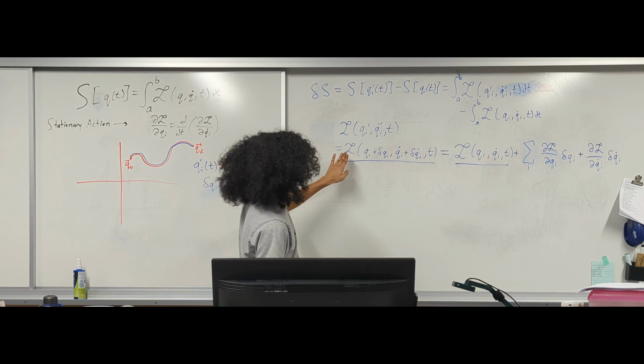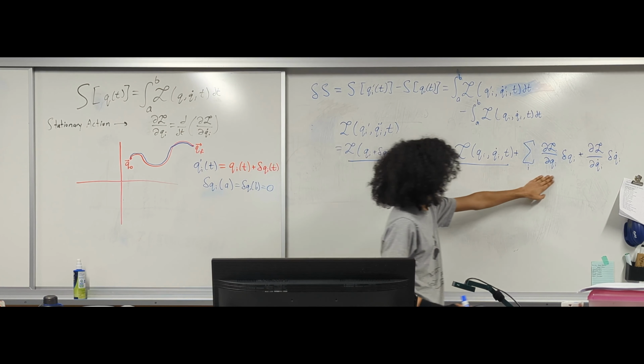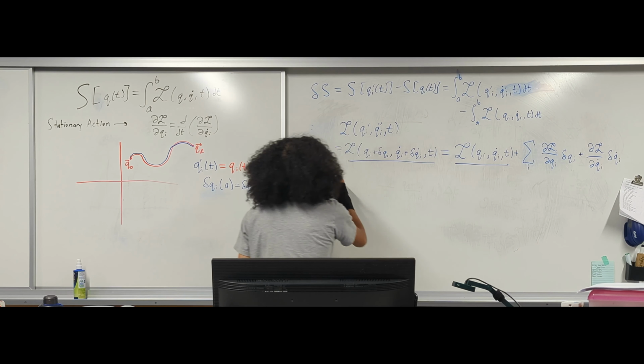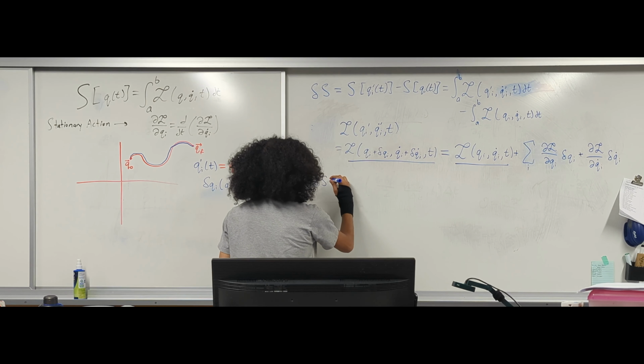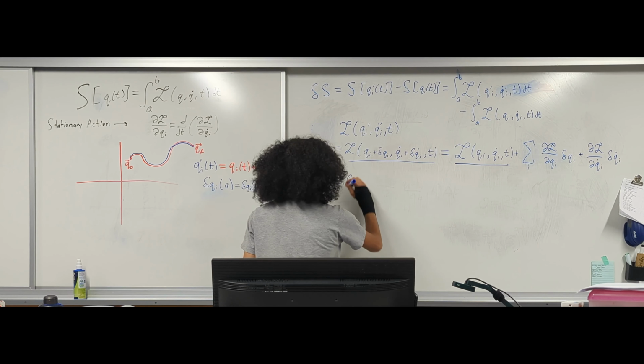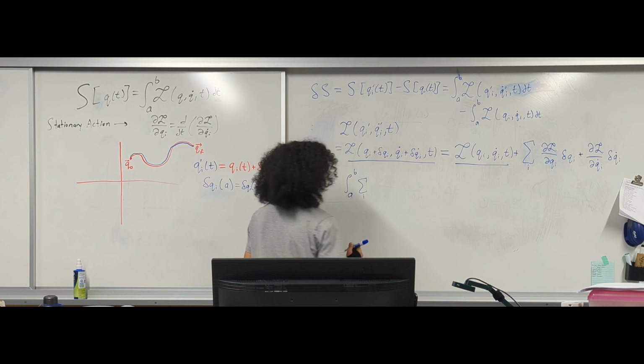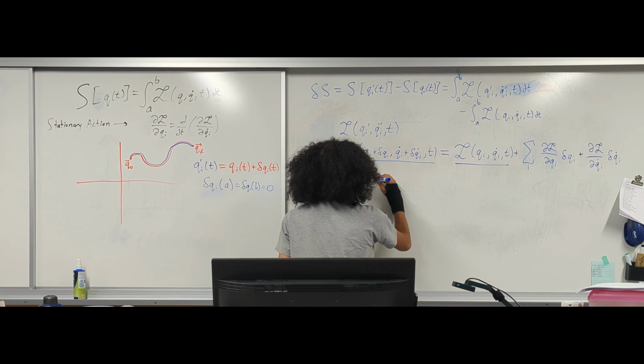The difference between this and this is just this expression that we found. So the variation in the action is the integral of exactly this thing. So we're summing over i, and then we have this term.